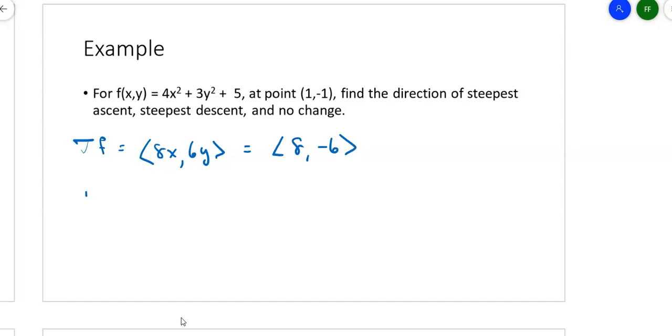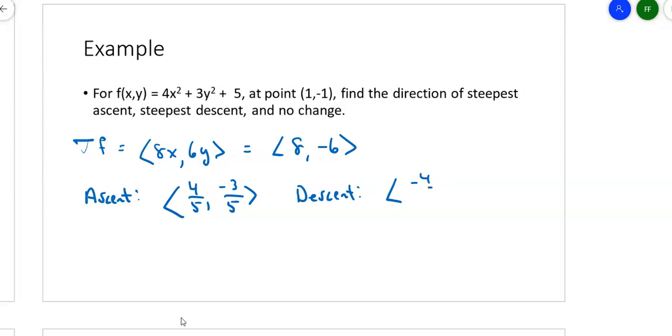So the steepest ascent is simply going to be in the same direction. So 8 over 10 is 3/5. Nope, 8 over 10 is 4/5. Negative 6 over 10 is negative 3/5. So that's the direction of steepest ascent. Then if you want steepest descent, take the opposite.